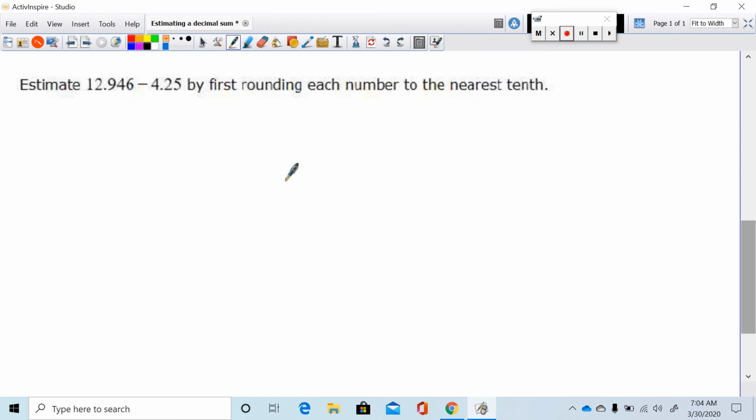Estimate 12 and 946 thousandths minus 4 and 25 hundredths by first rounding each number to the nearest tenth. Okay, if it's got a TH on the end, it's talking about a decimal, the number after the decimal. So I want to look at the number that's without the TH, the 10. And I want to ask how many zeros does it have?